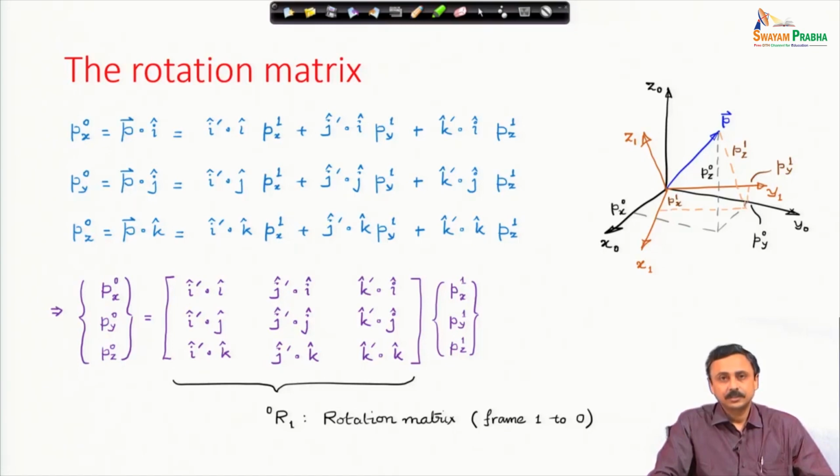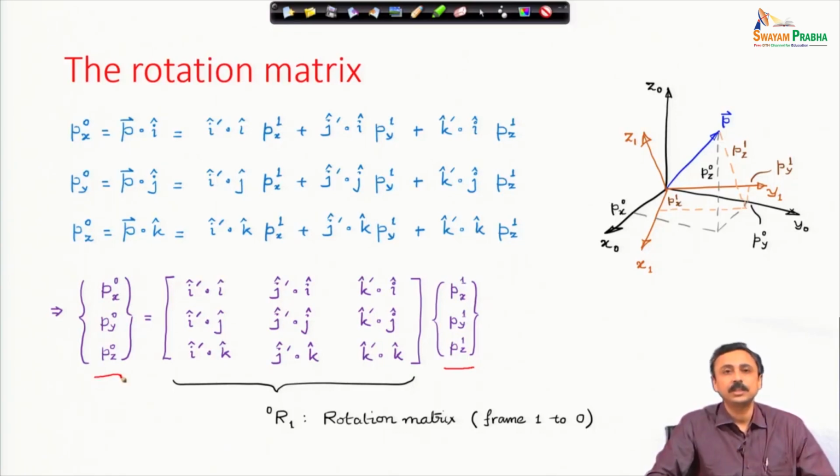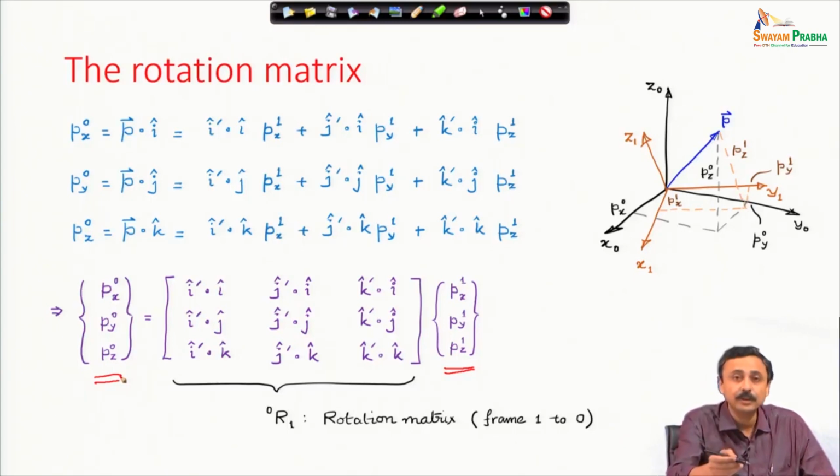This matrix is known as the rotation matrix, and it takes a vector from frame 1 to its equivalent representation in frame 0, coefficients of the representation in frame 1 to coefficients of representation of the same vector in frame 0. This is very important to understand.